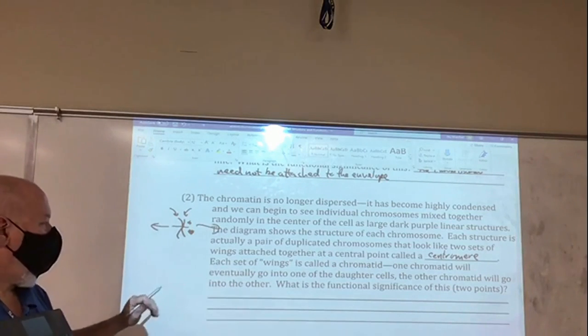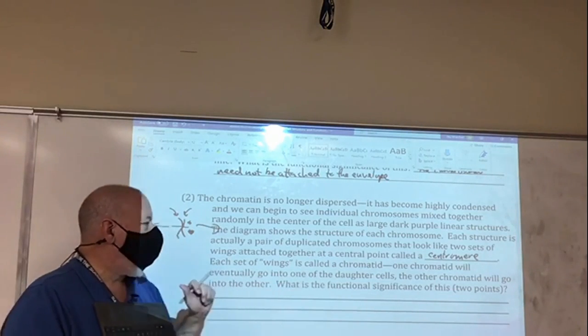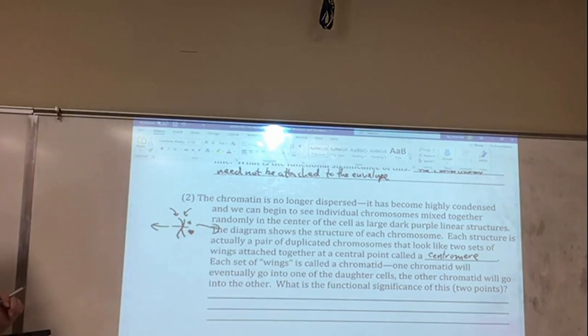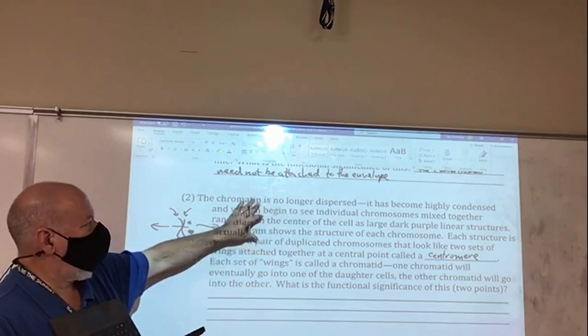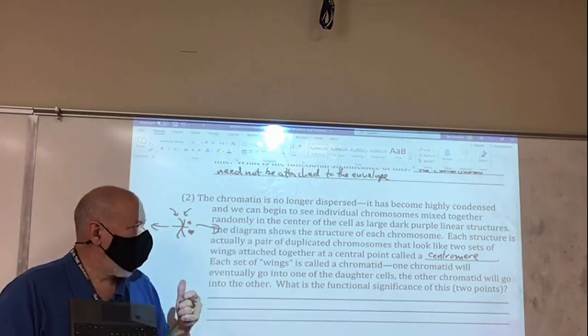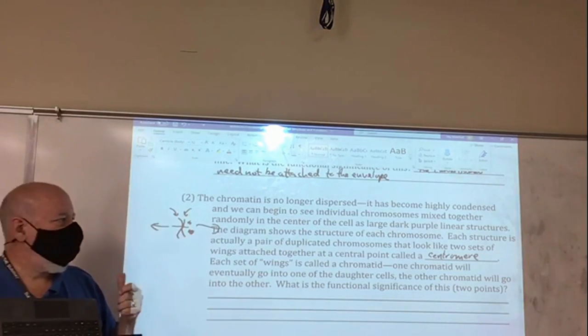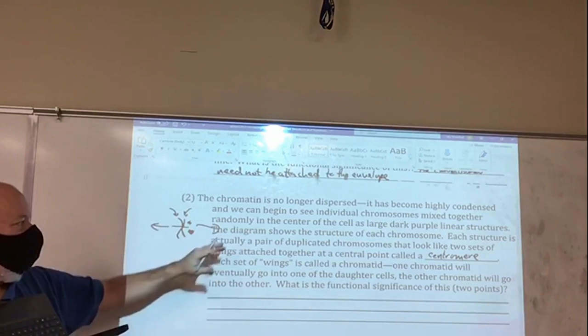And what is the functional significance of the fact that this occurs? The chromosomes condense and become randomly duplicated.